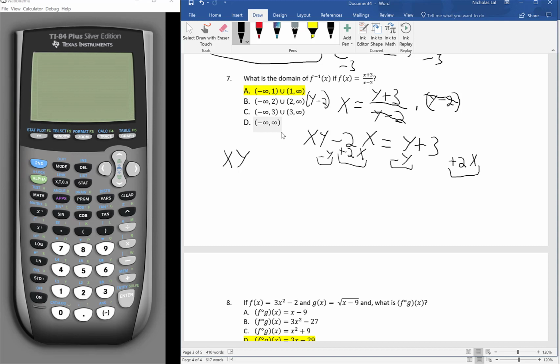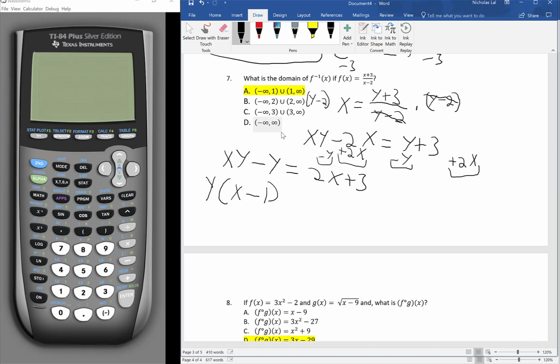So you have xy minus y is equal to 2x plus 3. Now the next step is we need to factor out a y. So when we factor out the y, we will have left over xy divided by y is just x, and negative y divided by y is just minus 1.